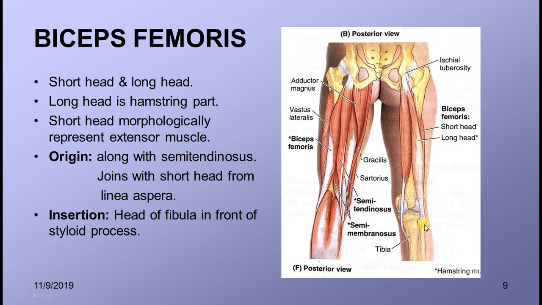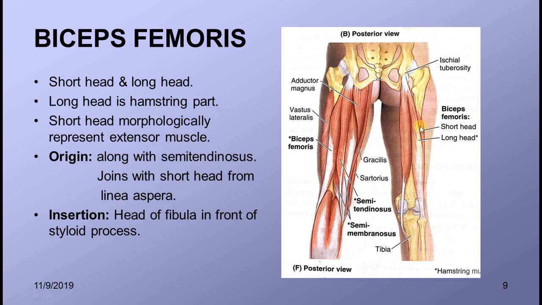In front of it, you have the fibular collateral ligament. Because of the fibular collateral ligament, there is a splitting of tendinous fibers from this biceps, also gaining an insertion into the tibia, passing along the tibiofibular joint.